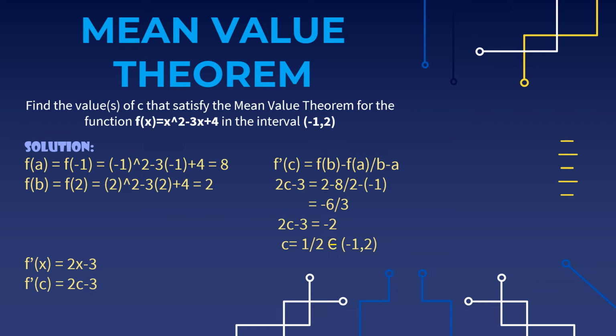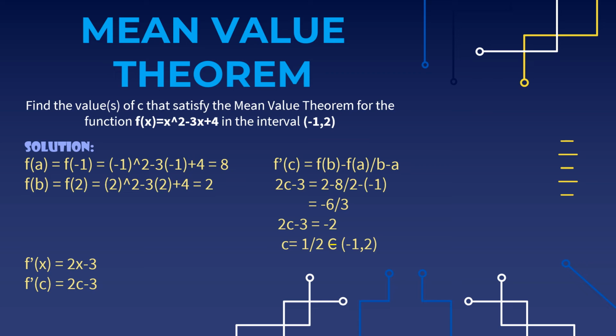Same with Rolle's theorem, we need to differentiate the function f(x) to get f prime x, and we will get f prime x is 2x minus 3. Then we need to substitute the x with c, and we will get f prime c equal to 2c minus 3.